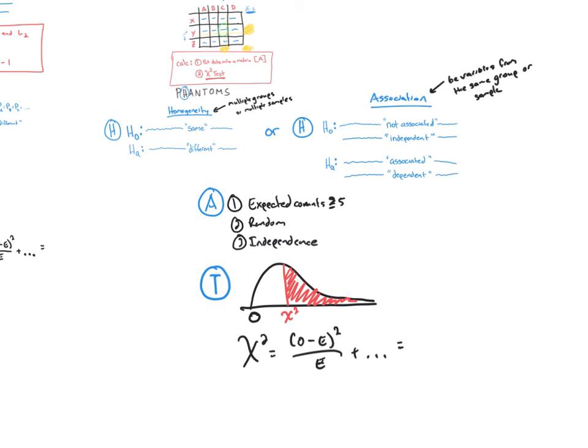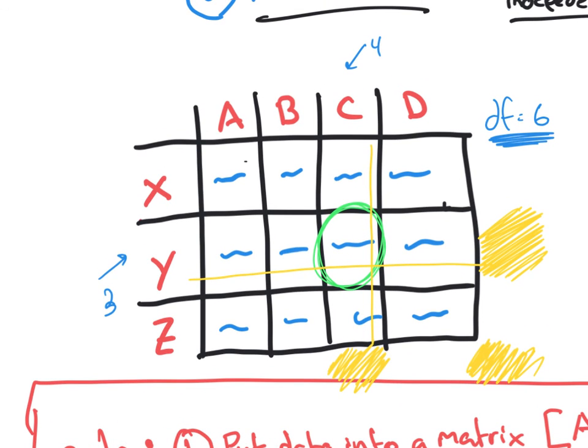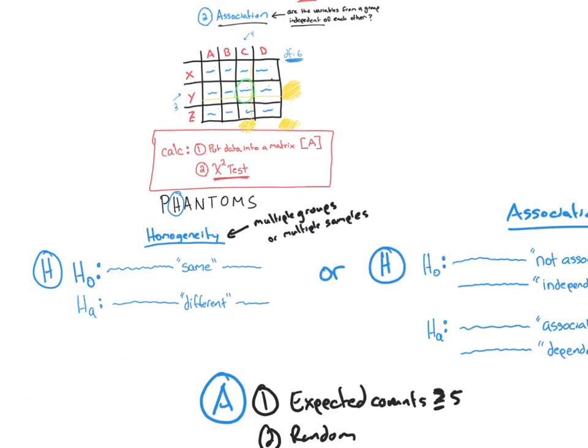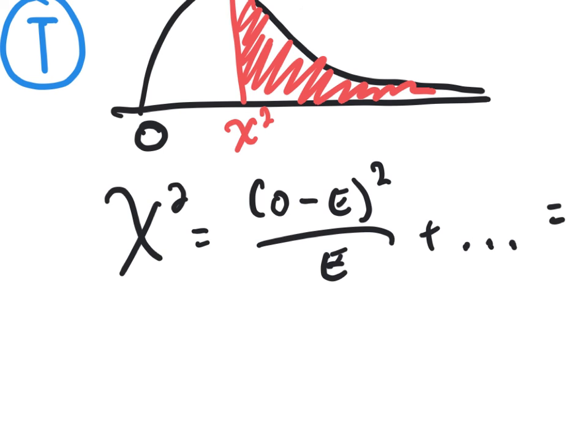So like my formula, if I were to do it by hand, I'd have 1, 2, 3, 4, 5, 6, 7, 8, 9, 10, 11, 12. I would do that formula 12 different times, like I do the observed minus expected squared over expected plus observed minus expected squared over expected. You do that 12 different times, and you can add them all together.